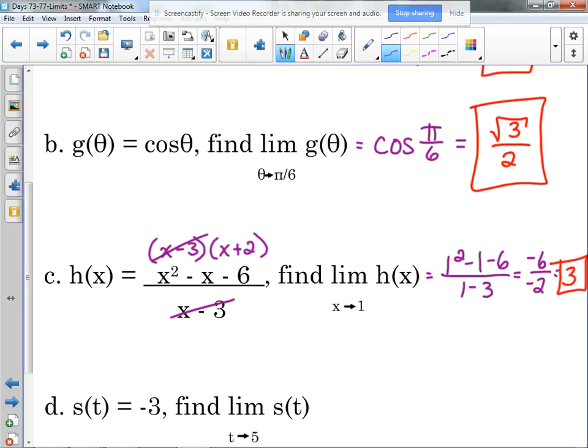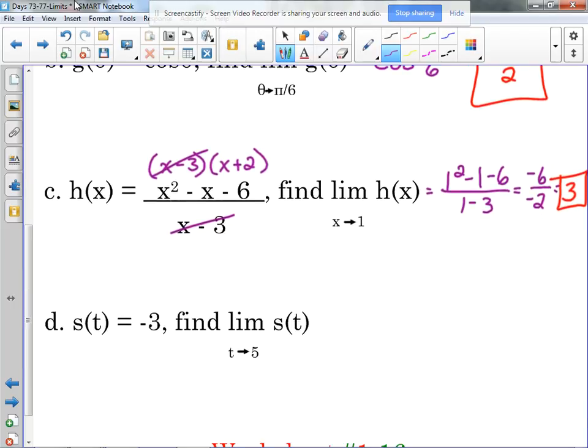It's a hole, okay? We have a hole at +3. So it's just like the function x plus 2. It's going to look like a line. If you graph that rational function in your calculator, it's going to look like a line, except there's going to be an error because there's a hole at +3. So really all we had to do was 1 plus 2. But we get the same answer either way. I just wanted to point that out because that's going to come into play here in a little bit.